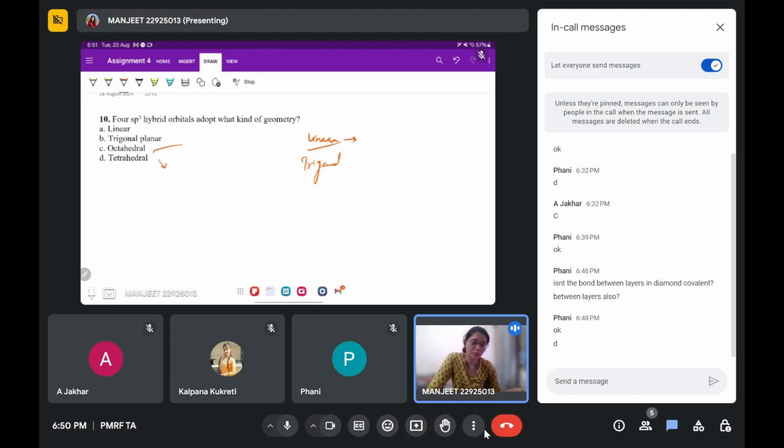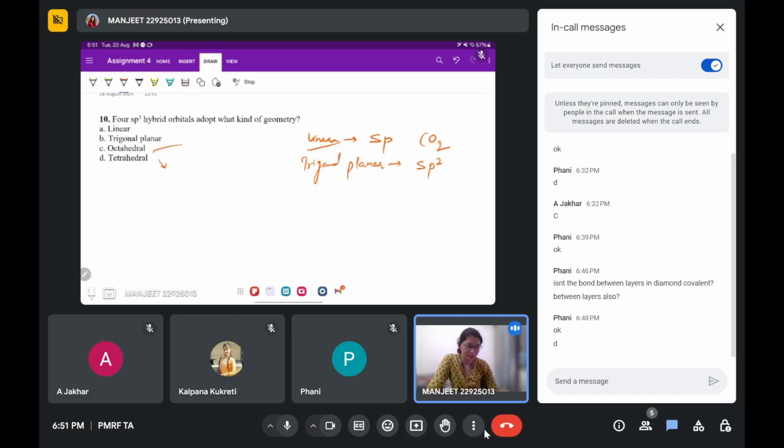What kind of hybrid orbital is linear? That is sp. For example, CO2 has sp hybrid orbitals. The second one is trigonal planar, which has sp2 hybrid orbitals.